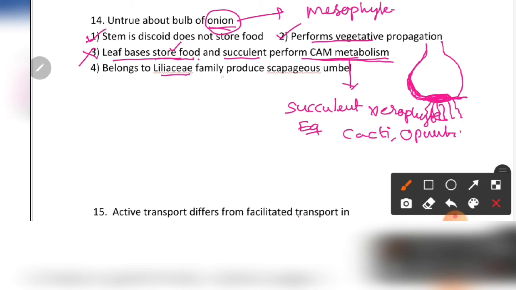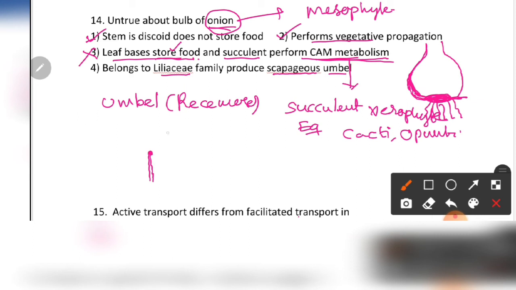Belongs to Liliaceae: yes, it belongs to the Liliaceae family and produces scapaceous umbel. Umbel belongs to racemose inflorescence, which has a short-tended floral axis.